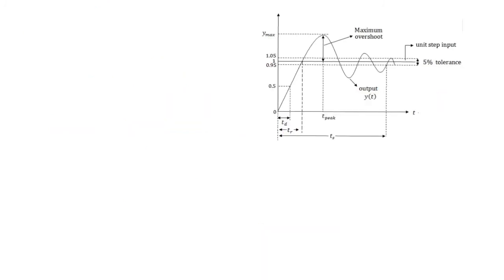The next specification that we have is delay time, represented by TD. It is the time required to reach 50% of the final value. Since the final value is 1, the output should be 0.5 when it reaches the delay time.